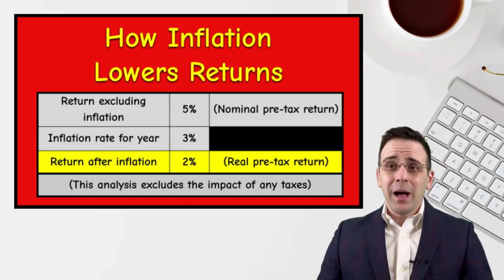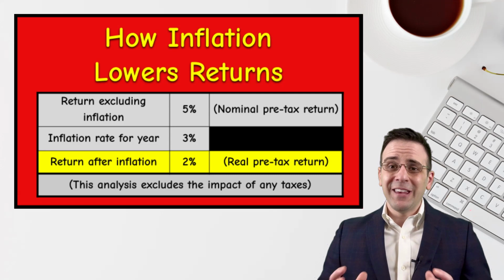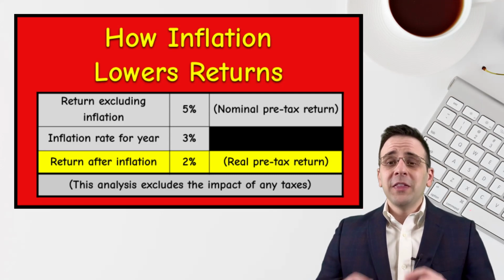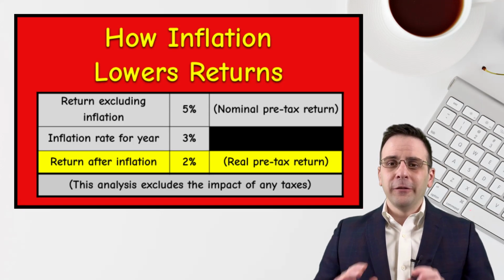When you hear nominal, think excluding the effect of inflation, and when you hear real, think including the effect of inflation. Investment decisions should always consider and factor in the effect of inflation or an estimate of inflation. This will give you an apples-to-apples comparison when making decisions.